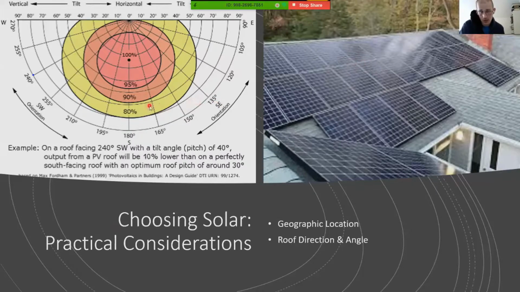This was a chart that I found really useful. We've got the orientation of your roof and then the tilt, and it shows you where the sweet spot is. If you can be facing directly south and at between 30 and 40 degrees, that's your ideal orientation and angle.